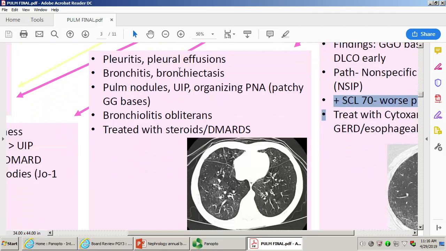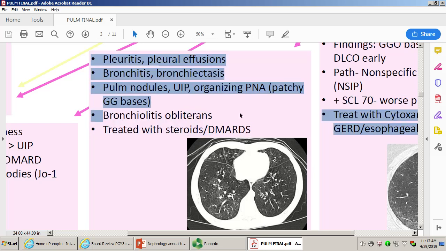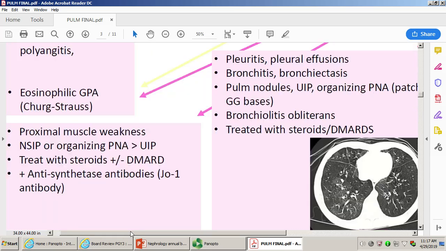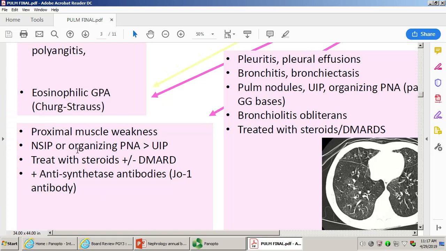This next one can really have any sort of manifestation: pleural effusions, bronchiectasis, nodules, usual interstitial pneumonia, bronchiolitis obliterans. What can cause anything in the lung? RA. Proximal muscle weakness, non-specific interstitial pneumonia or organizing pneumonia, positive Jo-1 antibodies: anti-synthetase syndrome.